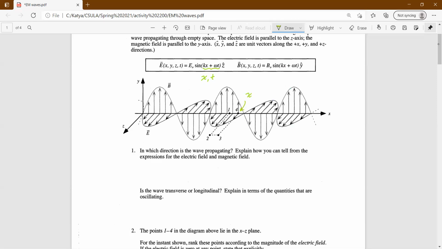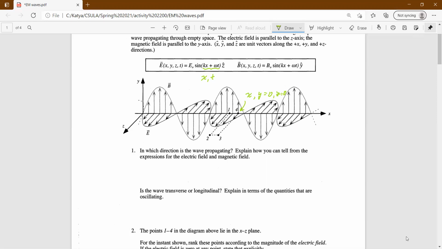Now, what is going to happen if I change the coordinates y equals 0 and z equals 0 for this specific point? What is going to happen if I change y and z, if I move somewhere in this direction or up? Well, nothing. Actually, it's going to be the very same set of vectors.